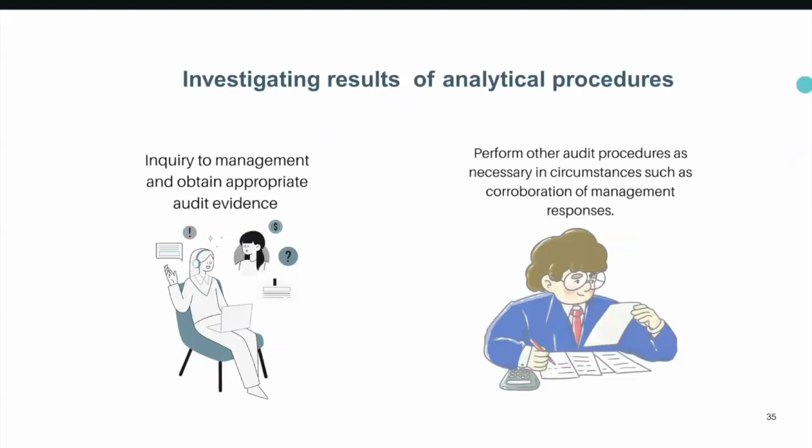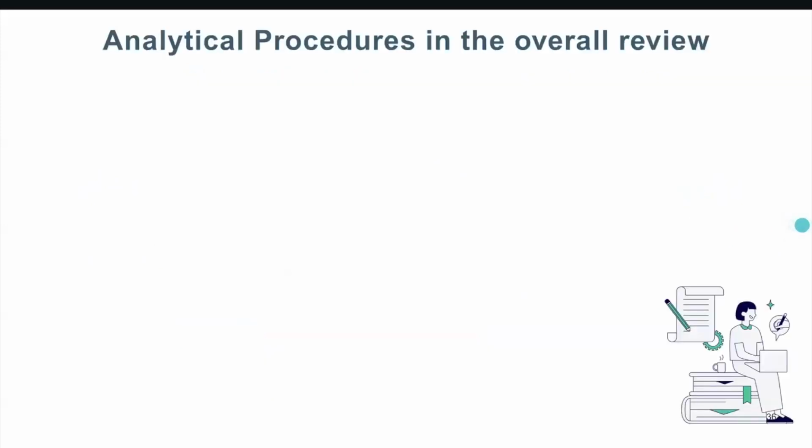Okay. If analytical procedures identify fluctuations or relationships that are not consistent, the auditor shall investigate such differences by, of course, first inquiring of management and obtaining appropriate audit evidence. Next is perform other audit procedures as necessary in the circumstances, such as corroboration of management responses.